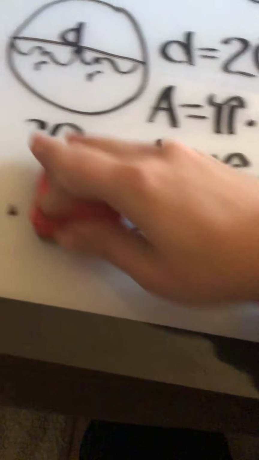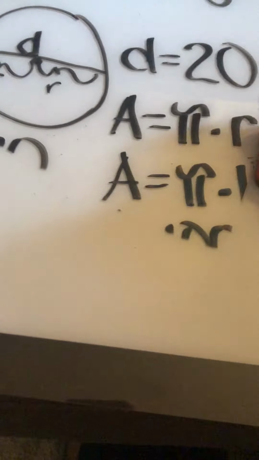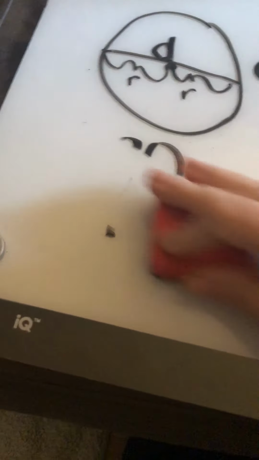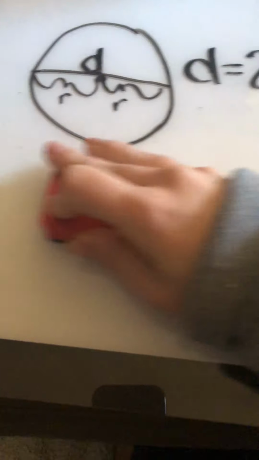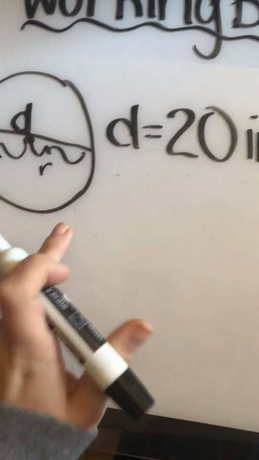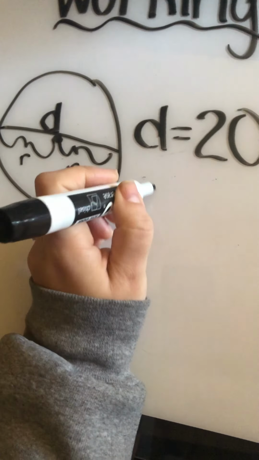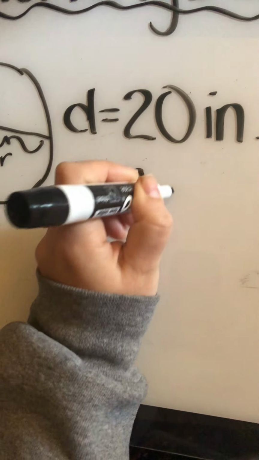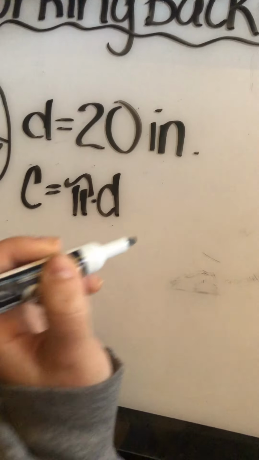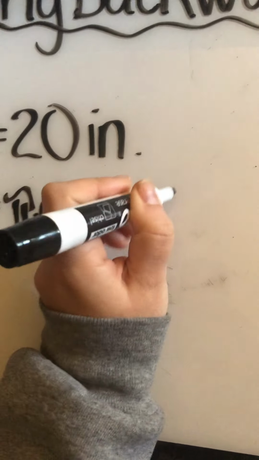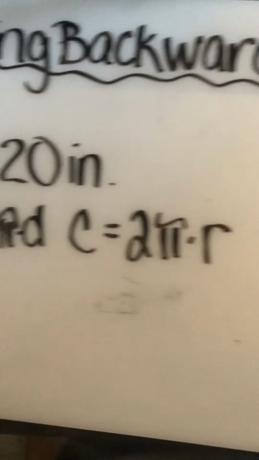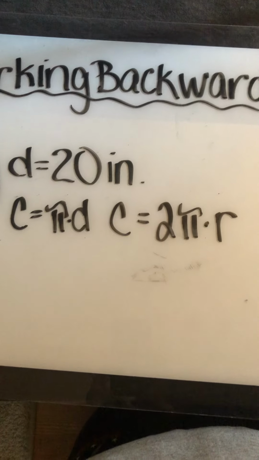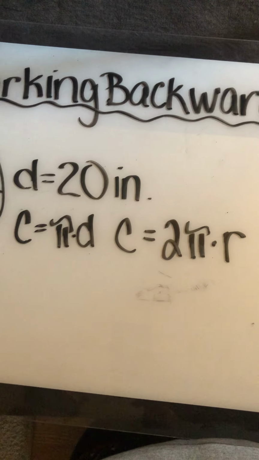In the warm-up, it also asks you to find the circumference. So let's just go over that as well because we're going to need that for today's lesson. So the same problem, our diameter is 20. So if we think about circumference, we had 2 formulas. We had C equals pi times D, and we had C equals 2 times pi times R. So depending on which one we were given, we would use that given formula.